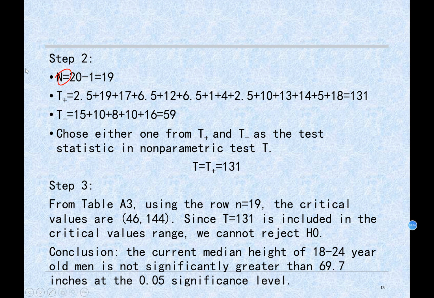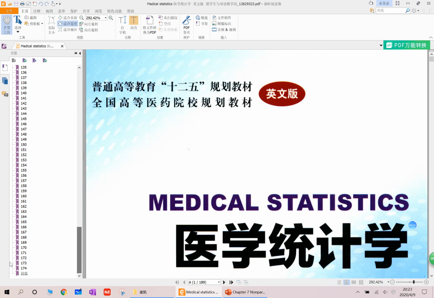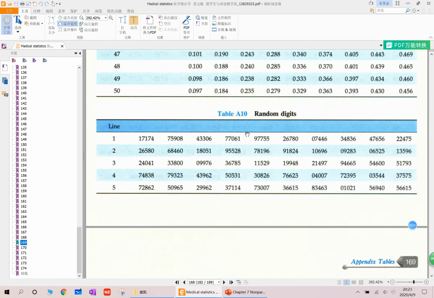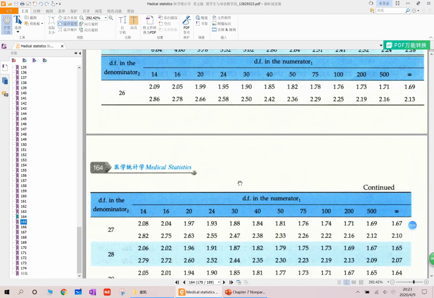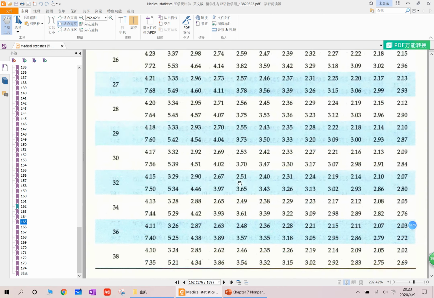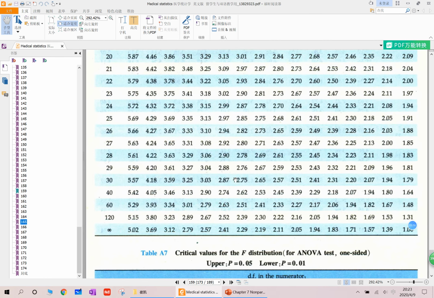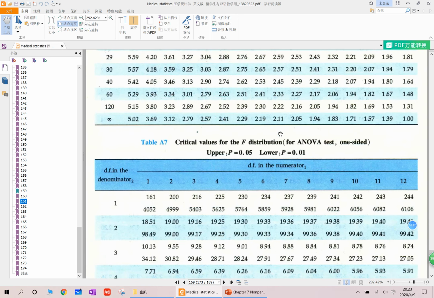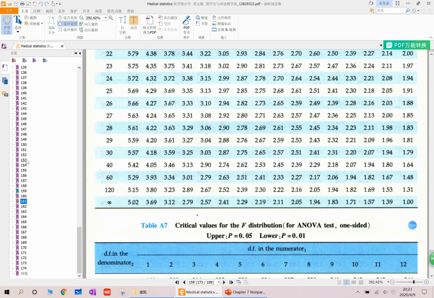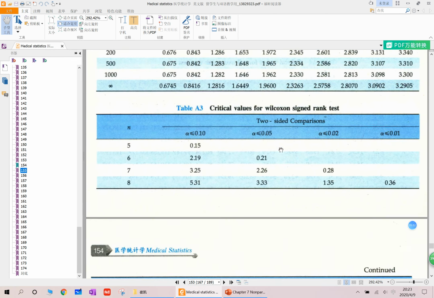So let's go to the textbook and turn to the appendix table, table A3. So this is table A3.